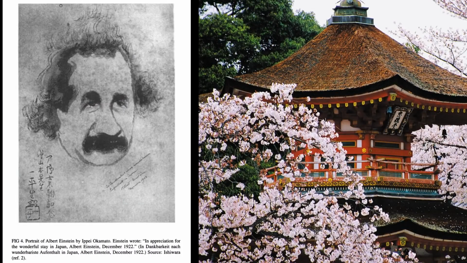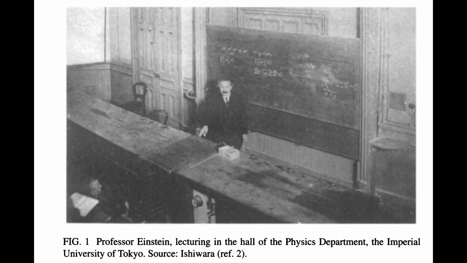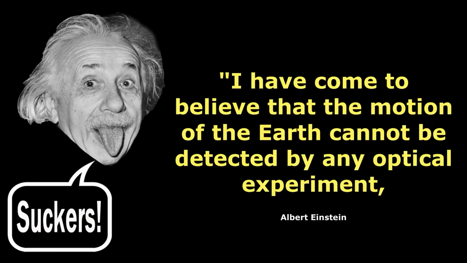Einstein was here in Japan in the 1920s, and he was here in Kyoto, which is a city not far from where I live. In one of his lectures, he said to the Japanese public, "I have come to believe that the motion of the Earth cannot be detected by any optical experiment."